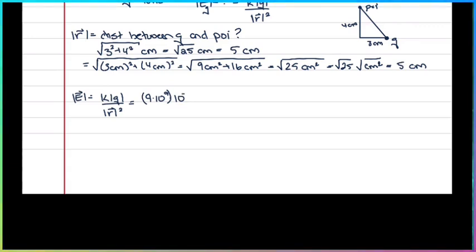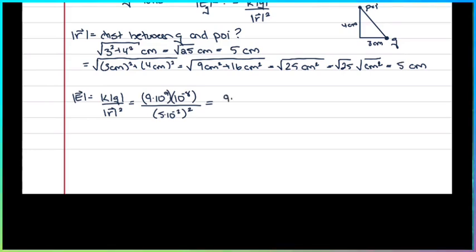So 10 nanocoulombs, nano is 10 to the minus 9, so 10 times 10 to the minus 9 is 10 to the minus 8 coulombs. Centimeters is not the SI unit, so that's 5 times 10 to the negative 2, and that's going to be squared. Then I won't bother writing units because I've used SI units everywhere, so I know that at the end of the day it will be whatever the SI unit is.